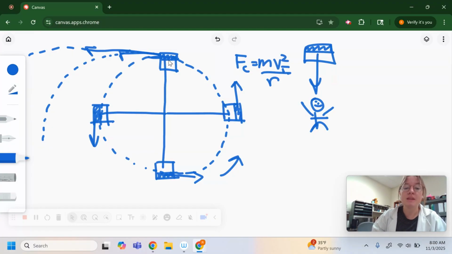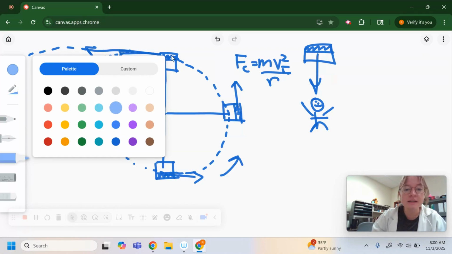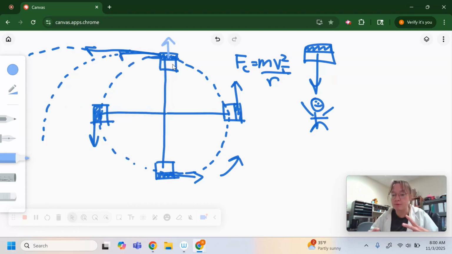Basically, the idea is if you want to get this water to stay on the bucket, you need the water to press up. I'm going to change my color here. You want your water to press up against the base of the bucket as hard as possible. You don't want that water to go flying out. So the question is, how do we get that water to press up against the base?